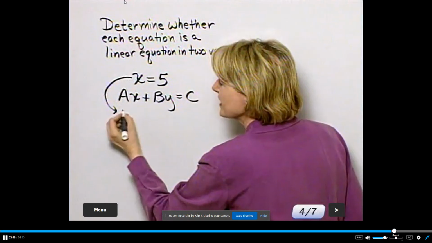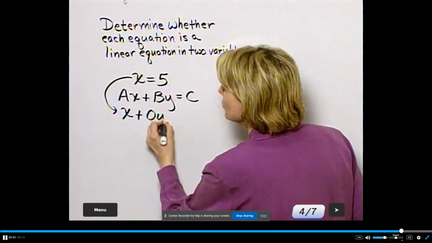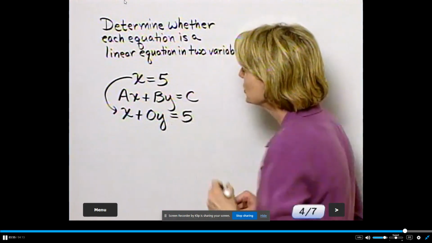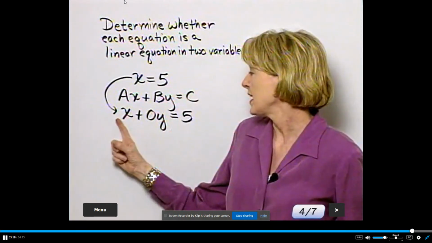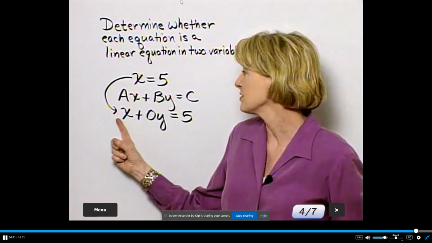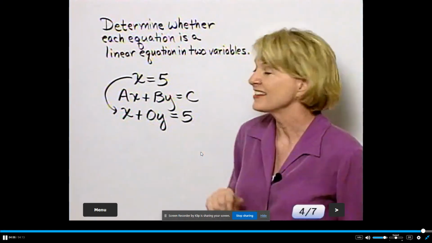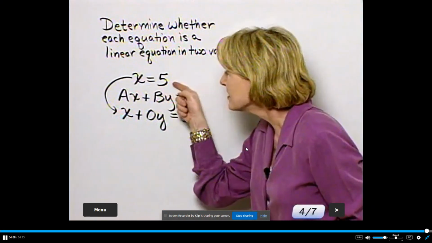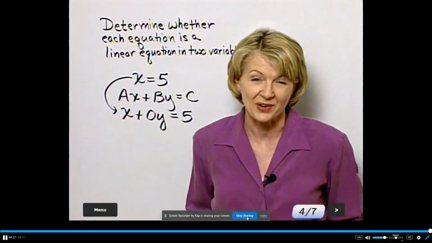I can write it in that form by writing it as x plus 0y is equal to 5. And now I have it in that form. A is the coefficient of x, which is 1, b is 0, and c is 5. This is then a linear equation in two variables.